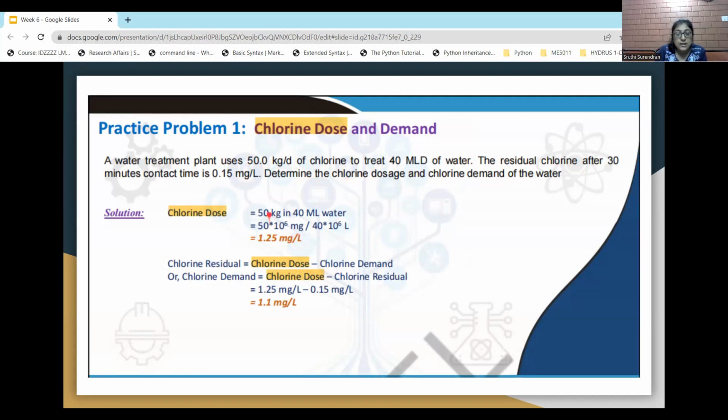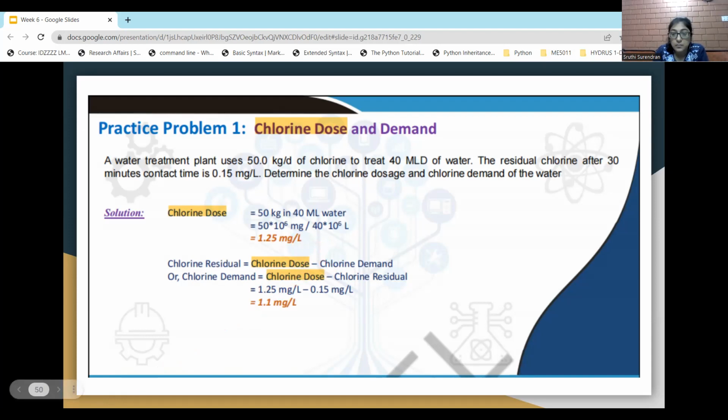So chlorine dosage, you can obtain it because they are using this much weight of chlorine. So when you multiply it with the inflow rate of water, you're actually getting kilograms into milliliters. Yeah, when you convert the units, you're getting the chlorine dose. Again, by using this formula, you can get the chlorine demand.